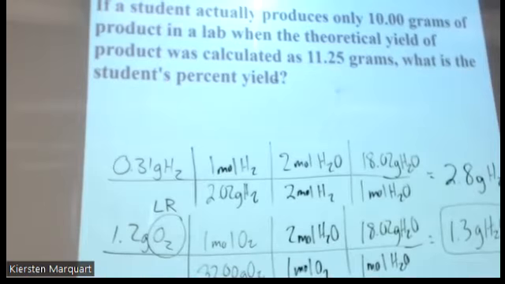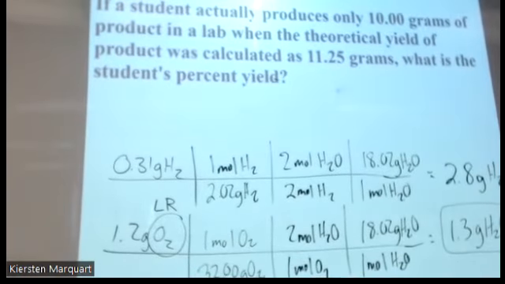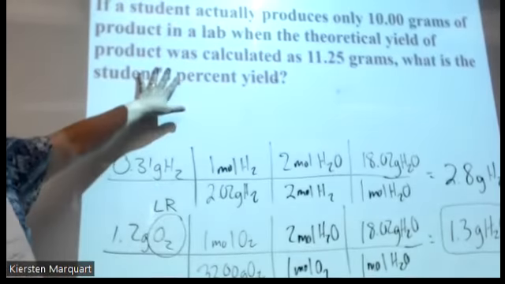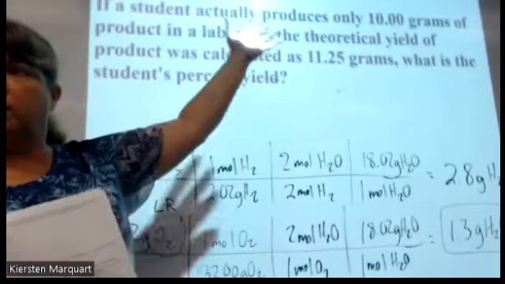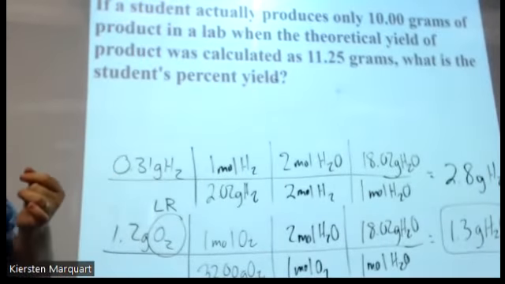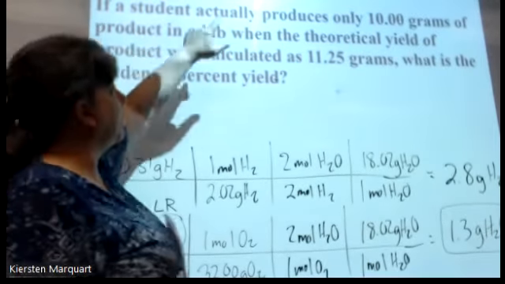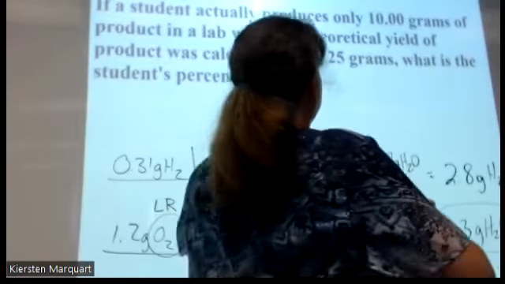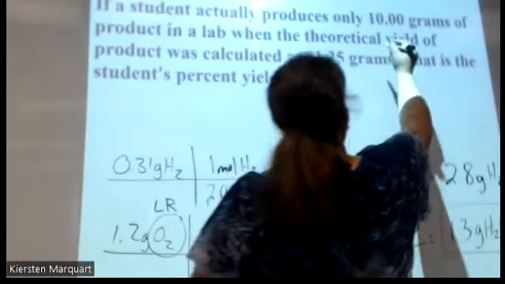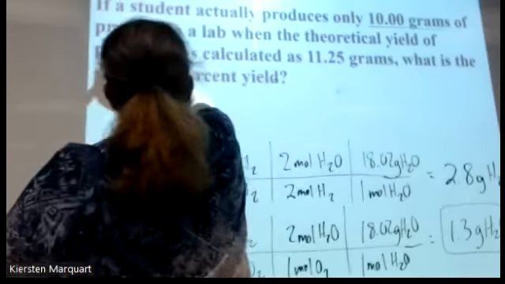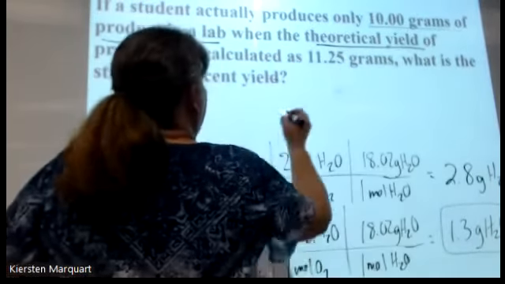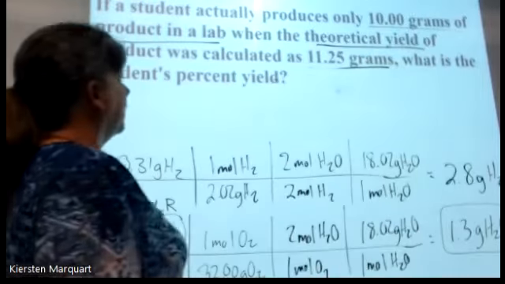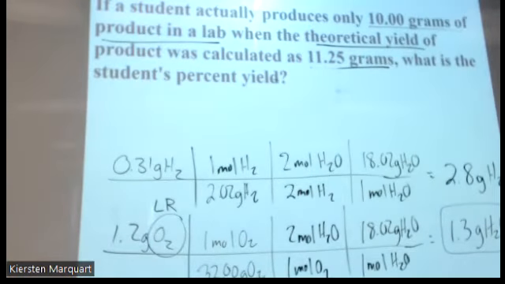There are 2 ways you might see this. Number 1, the easy way: a problem will literally give you your experimental yield and your theoretical yield. It says if a student actually produces only 10 grams of product in the lab, when the theoretical yield was calculated as 11.25 grams, what is the student's percent yield?